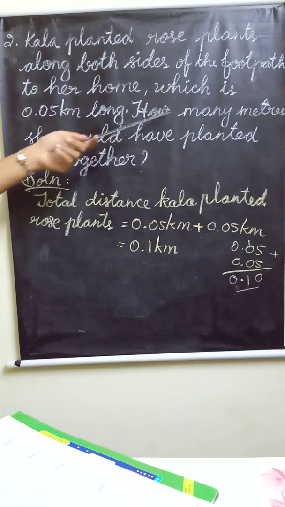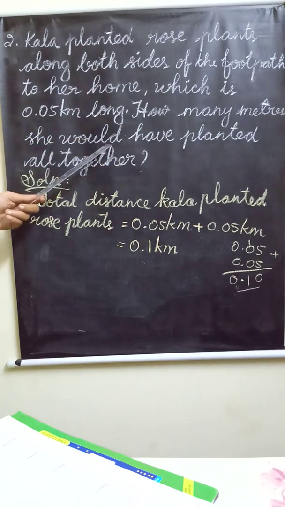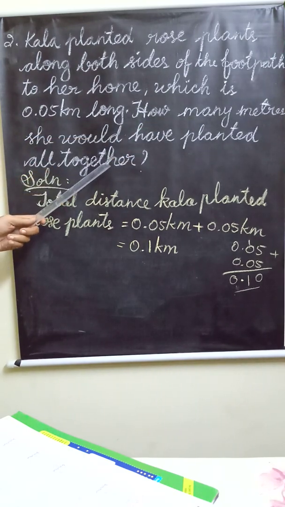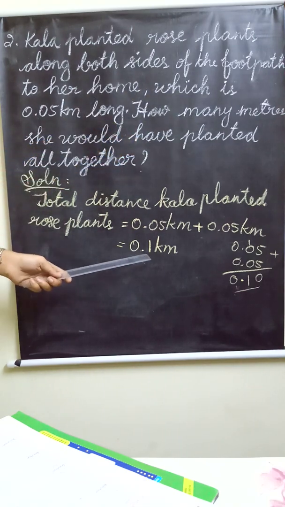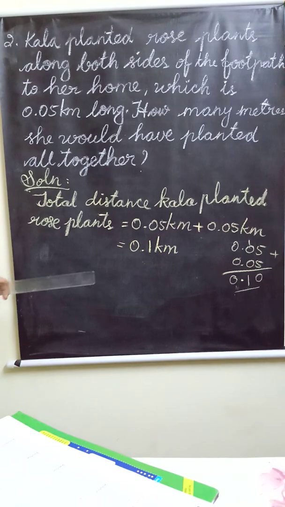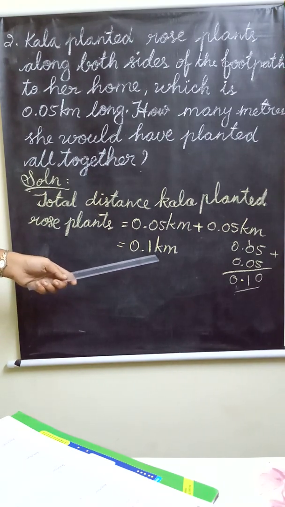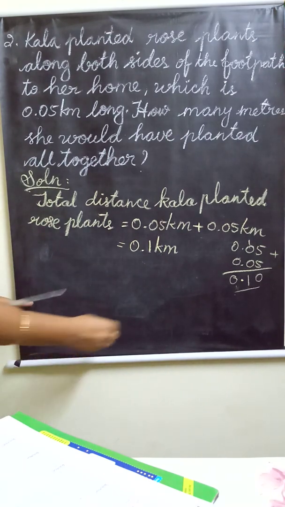See the question. How many meters would she have planted altogether? We have to write the answer in meter. So this kilometer we have to convert into meter. 1 kilometer equal to 1000 meter.